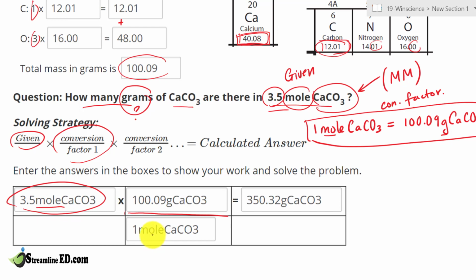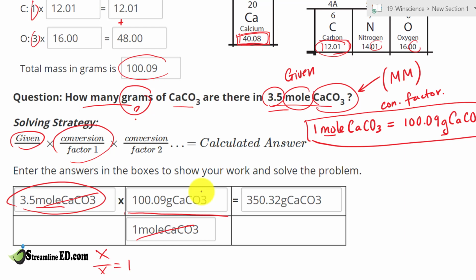We have to multiply the moles by the moles on the bottom. So we have to cancel out the unit moles of calcium carbonate by dividing, because x divided by x is equal to 1. In this case, moles of calcium carbonate will cancel each other out. And if the moles of calcium carbonate is on the bottom, the leftover, which is this side right here, must be on the top.